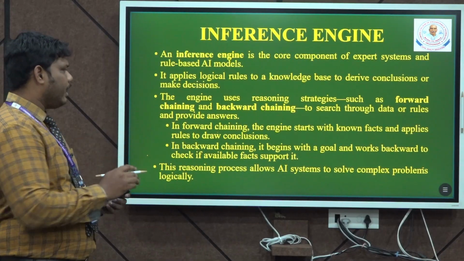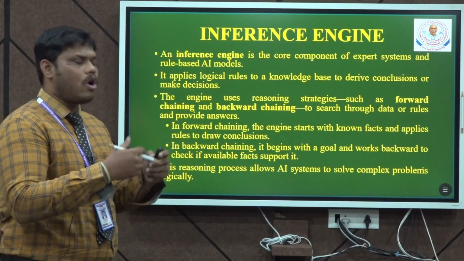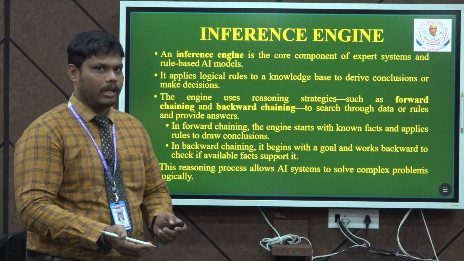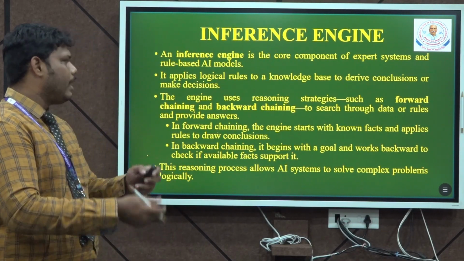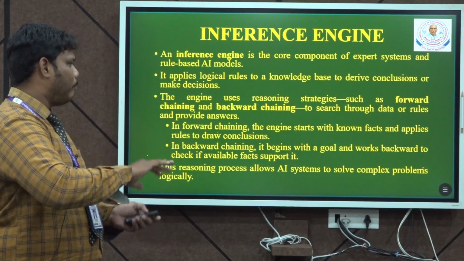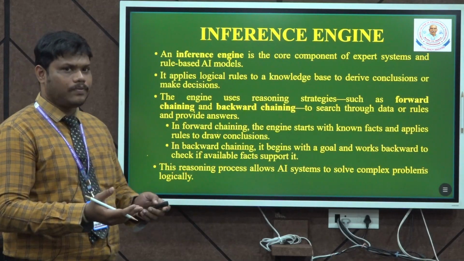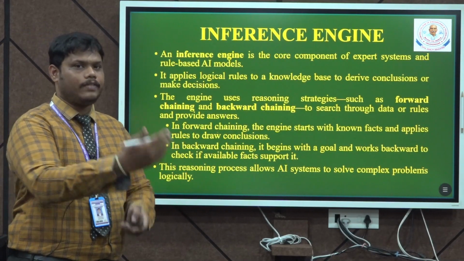In forward chaining, the engine starts with a known fact and applies all the rules to draw the conclusion, but in backward chaining it begins with the goal and works backward to check whether the available facts support and achieve that goal.